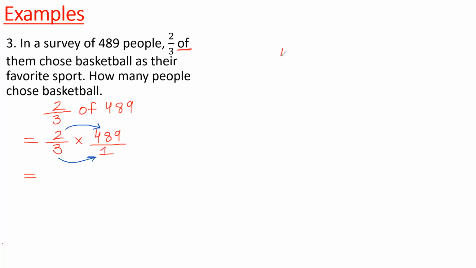Let's multiply it out. So 489 multiplied by 2. Bri, what is 2 times 9?